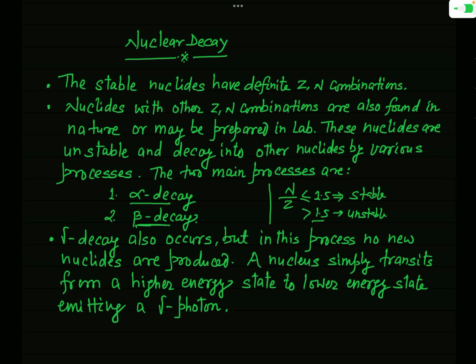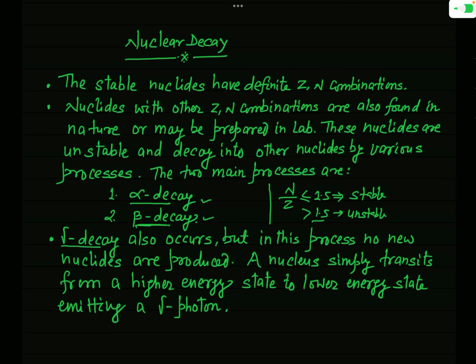In fact, apart from these two decay processes, alpha decay and beta decay, there is also a very important decay process called gamma decay. But you should note that during this gamma decay process, no new nucleus is formed. During alpha decay, we get a new nucleus which is stable.